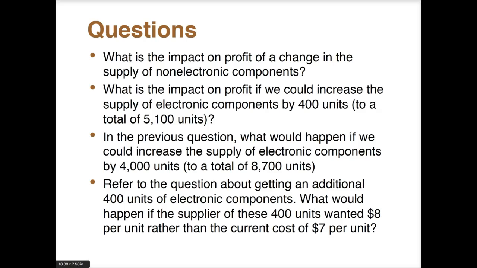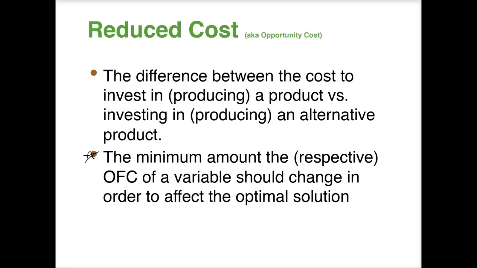So we're going to start doing our what-if analysis. So the first question is, what is the impact on profit of a change in the supply of non-electronic components? Okay. Now, of course, if you remember, the non-electronic components was the one that we had some slack for.